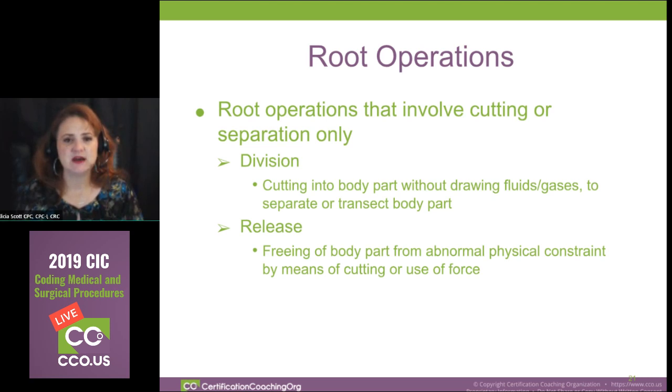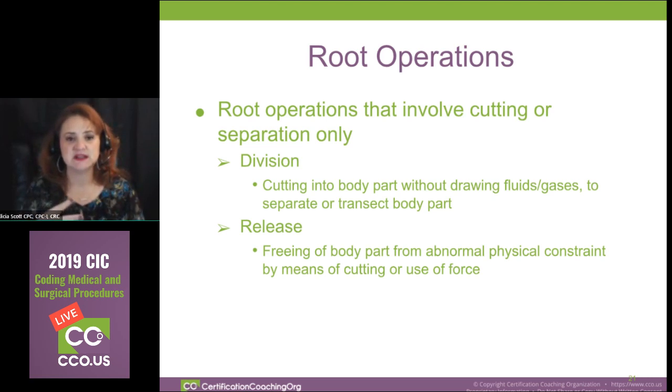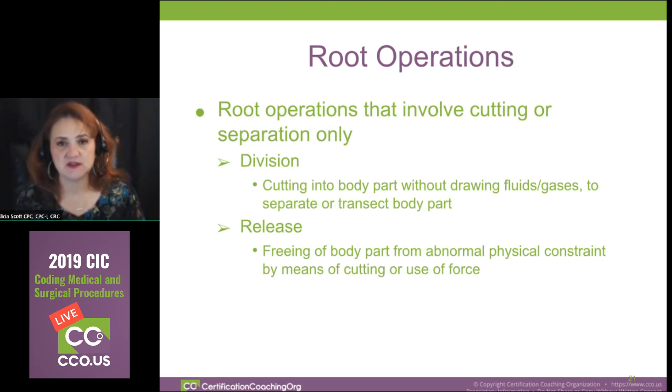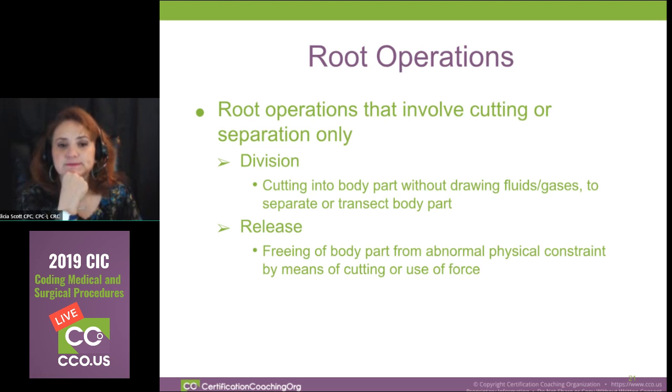Let's see, always involving cutting or separation, two, pretty easy, division and release. If we're doing a division, the definition, what are the key things? For division, we're cutting into a body part, okay, that's easy enough, without drawing fluid or gases, so fluid and gases are not involved here, to separate or transect a body part.